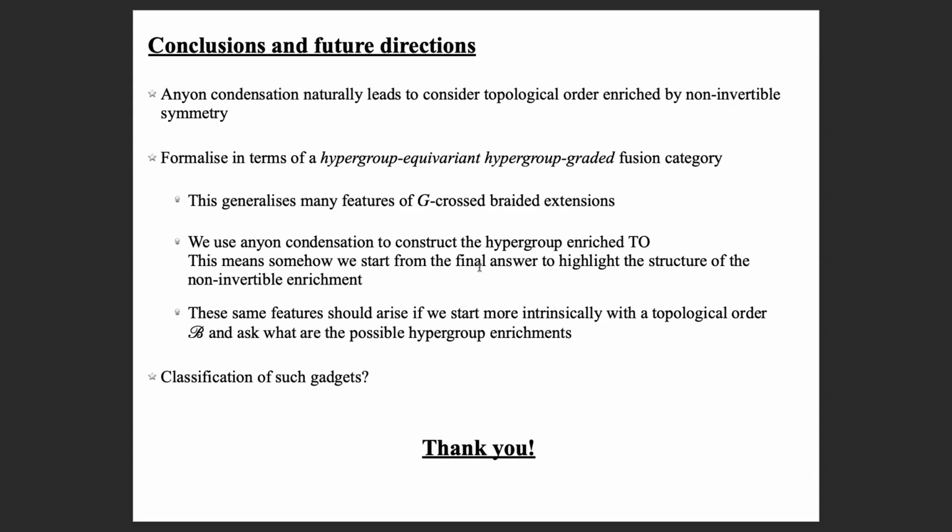We believe all these features will arise in a more intrinsic way if you just start with some topological order and you ask what are all the possible hypergroup enrichments that you can have. And then presumably there will be at some point a classification of such gadgets, in the same way we have a classification of the possible G-crossed extensions when you start from some topological order. Yes, that's how it is.